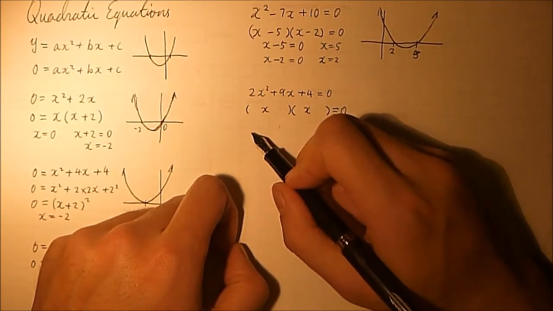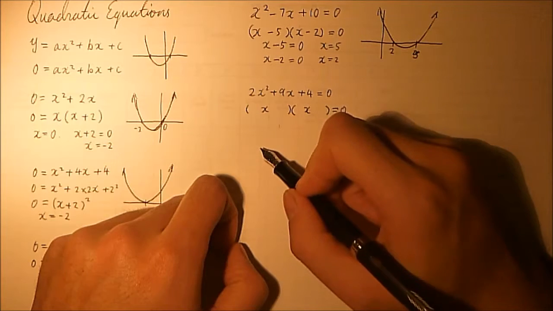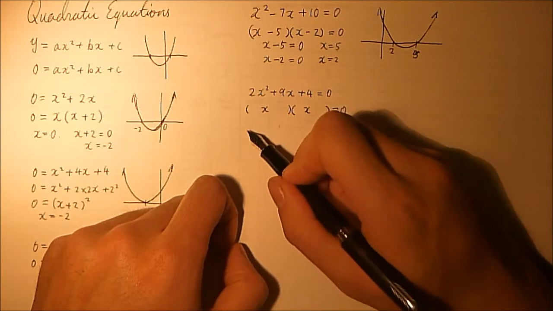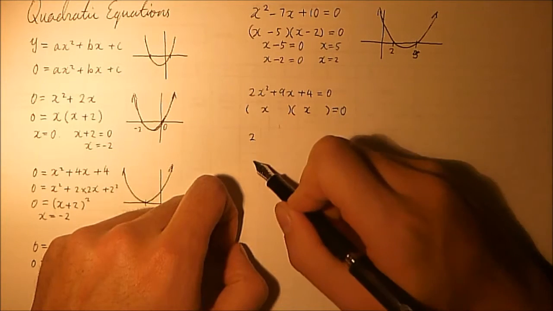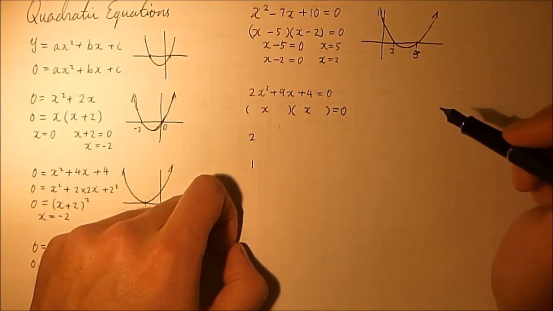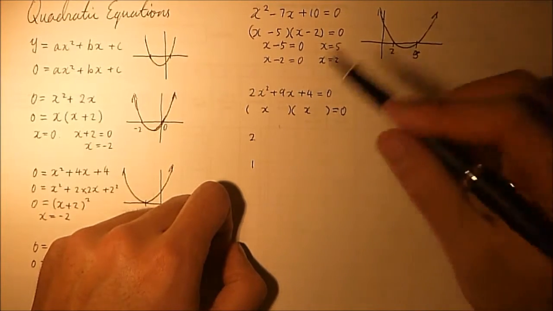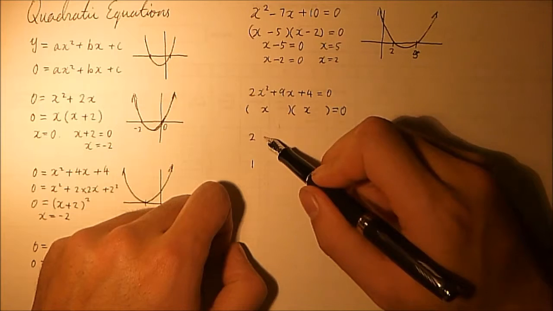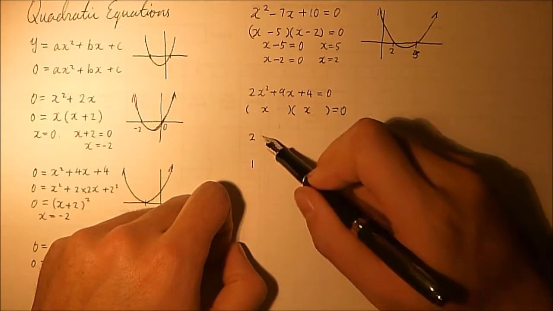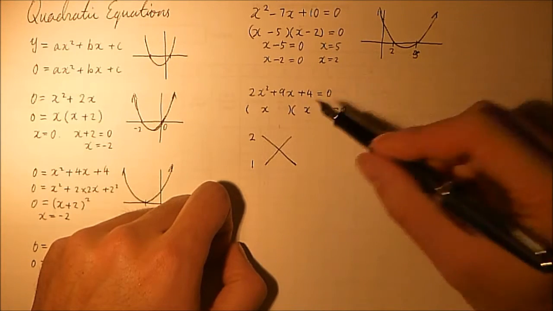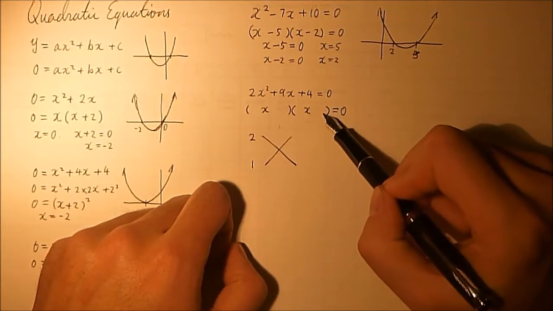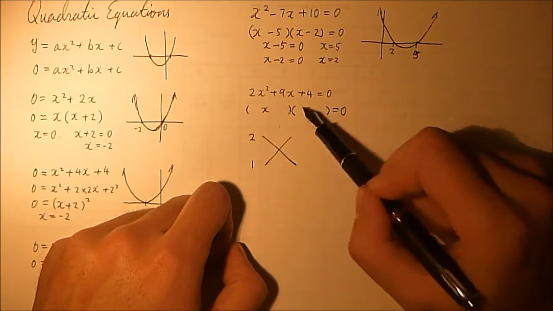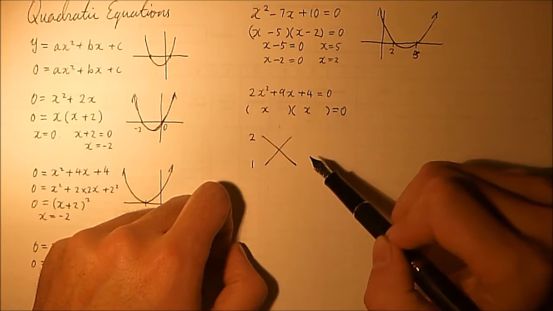So let's have two factors of the first term: 2 and 1, since those are the only two possible factors. And then we cross them, because this times this plus this times this has to be 9.